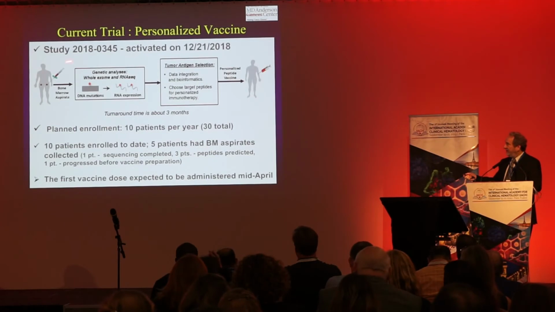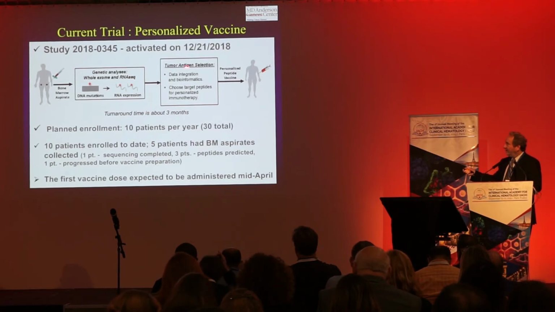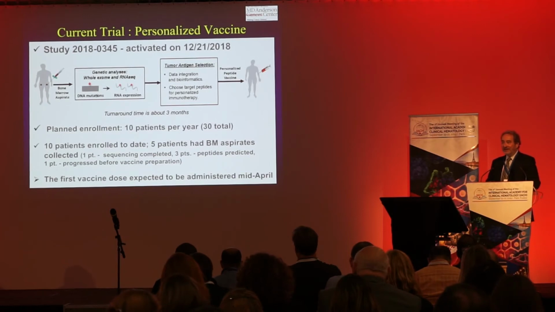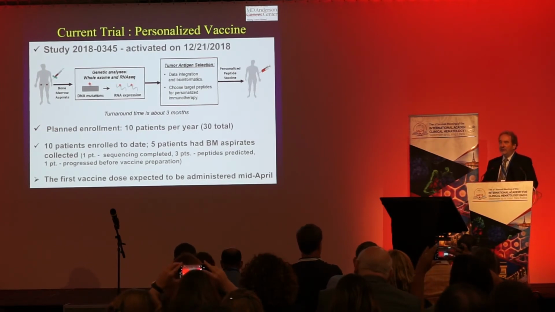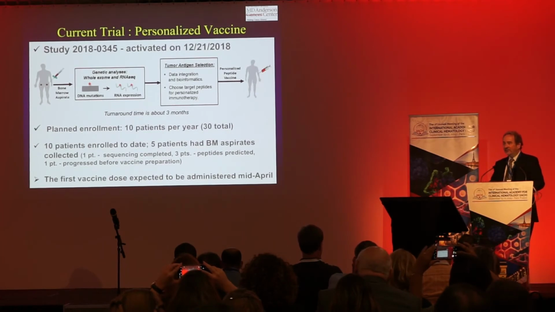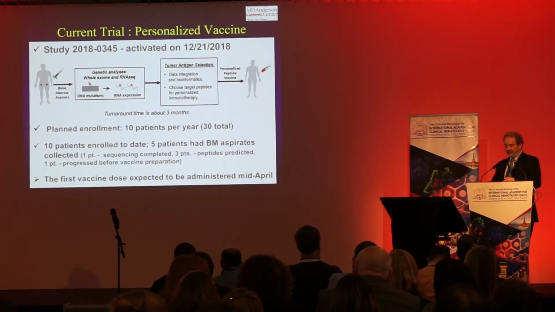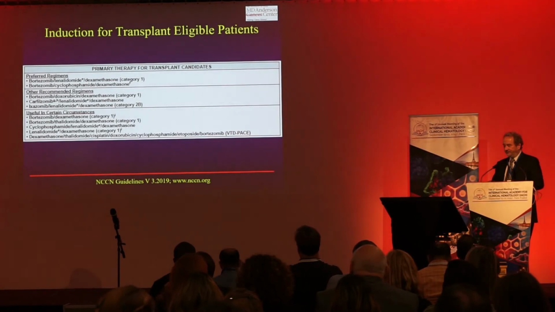So essentially, we're taking bone marrow from these folks, we're analyzing their DNA and RNA, we're using predictive algorithms to try to determine what antigens will best be presented, and then they get a cocktail of 10 peptides representing different mutations. We've enrolled the first 10 patients so far. There's been no toxicity, and we're waiting for the immune correlates. But these are hopefully things that will be of use and value in the future.